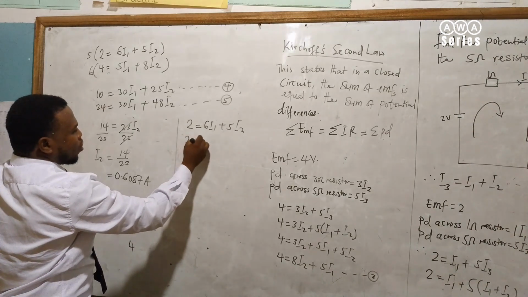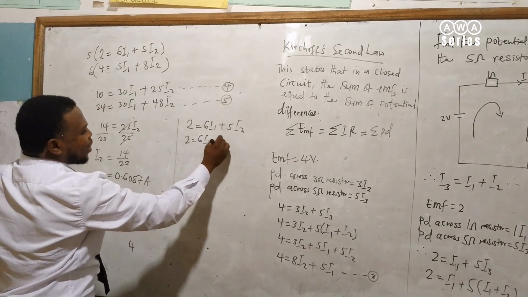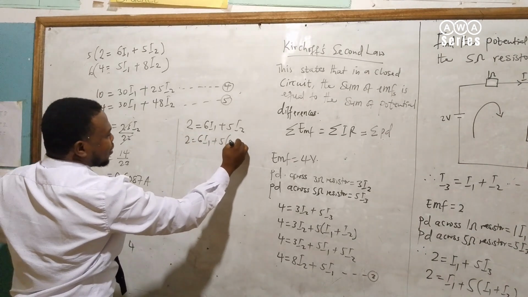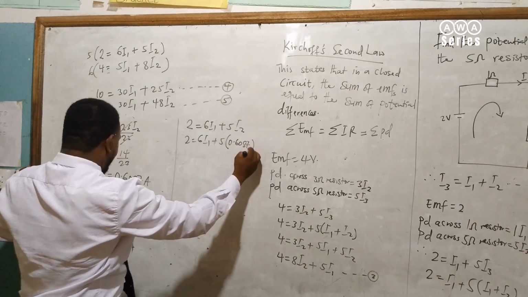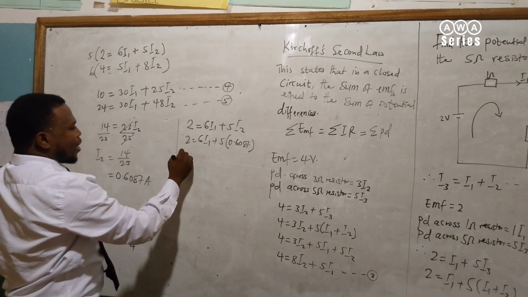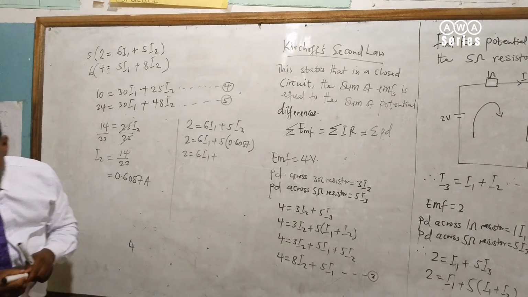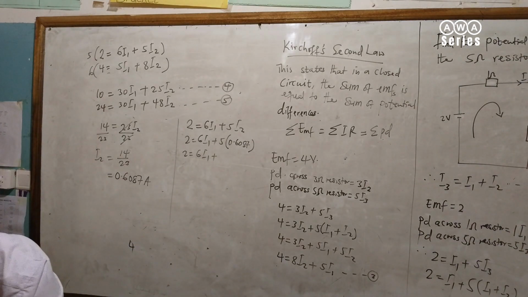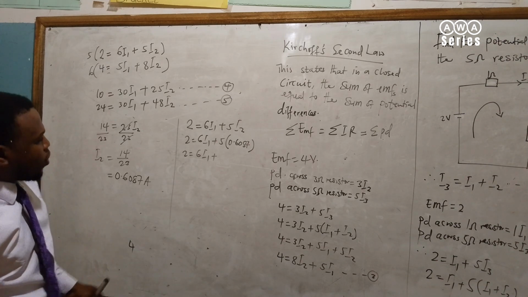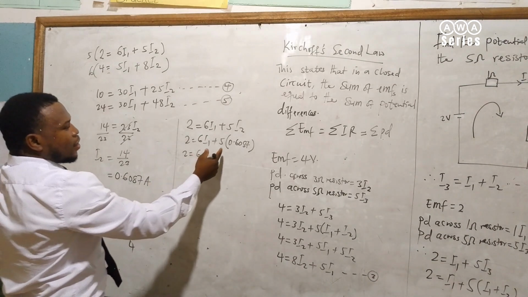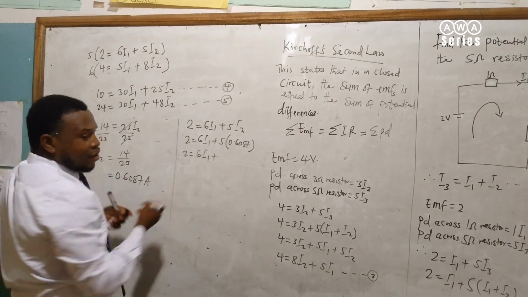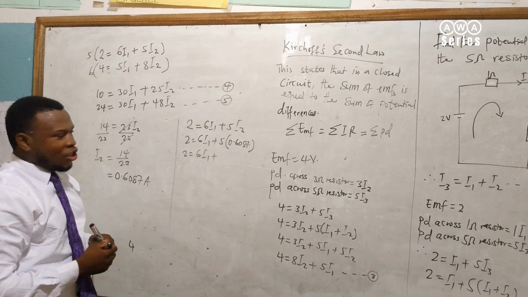So 2 is equal to 6I1 plus 5 multiplied by 0.6087. Let me do the calculation here.